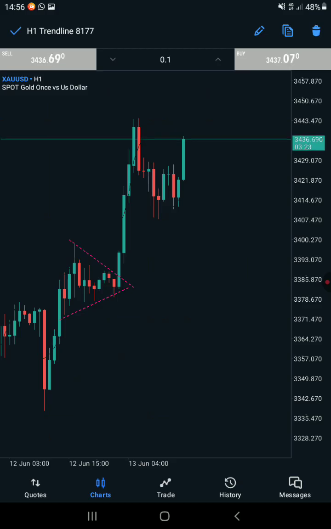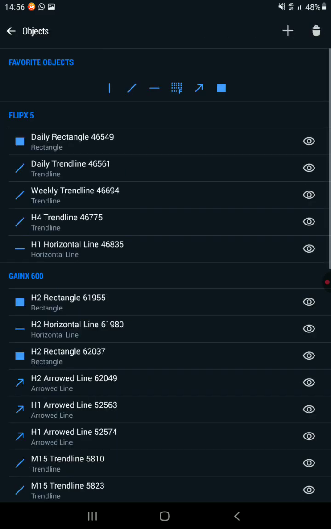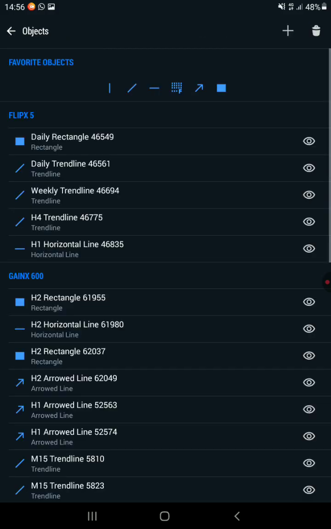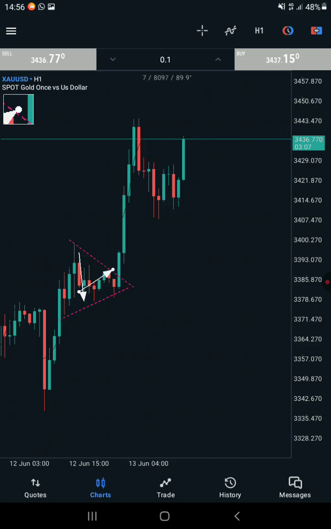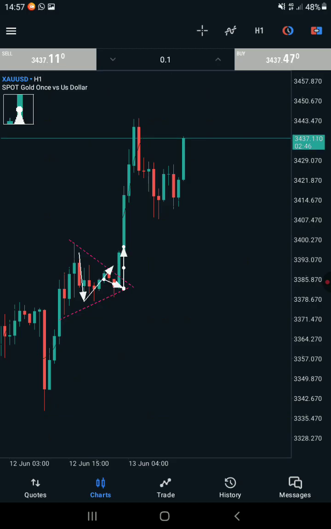If we look properly, there is a W formation whose leg you can take from there, and it has also made a drop there, and it has finished breaking the upper resistance trend line.